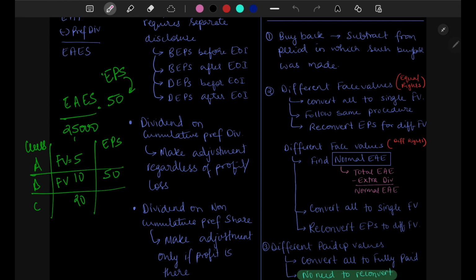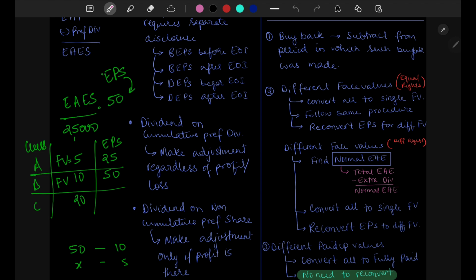If EPS is 50 for 10 rupee face value, how much is it for 5 rupee face value, right? So it will be 50 into 5 divided by 10, so you'll get earnings per share for this as 25 rupees per share.